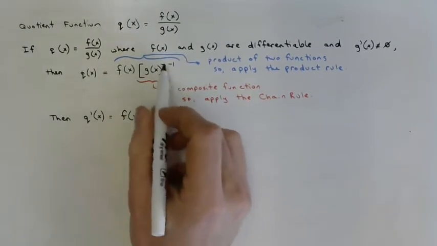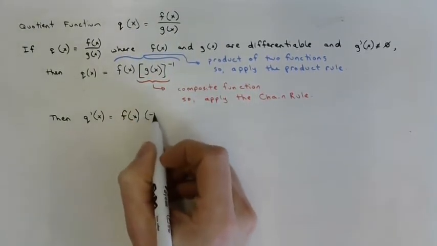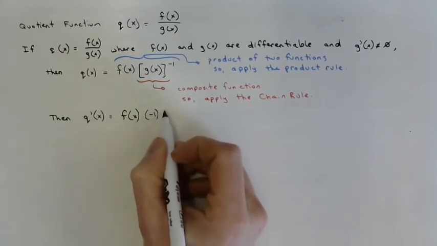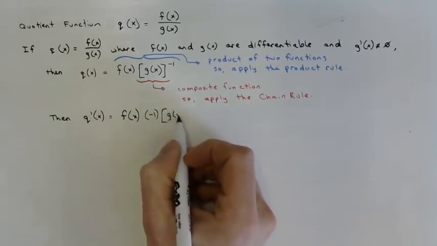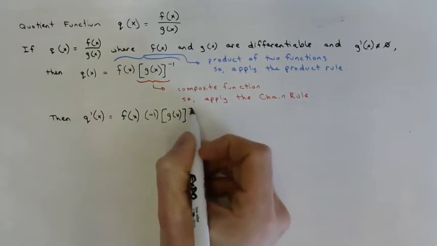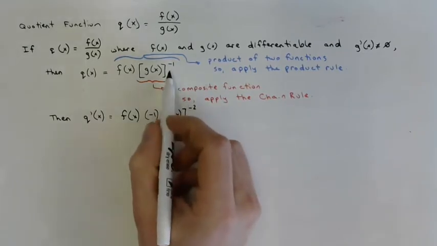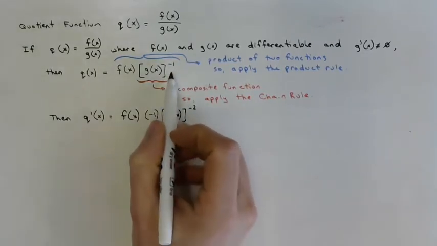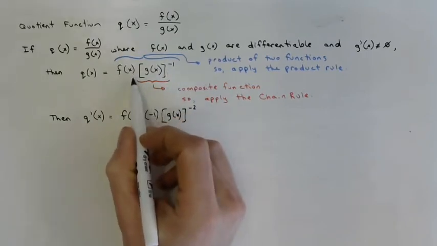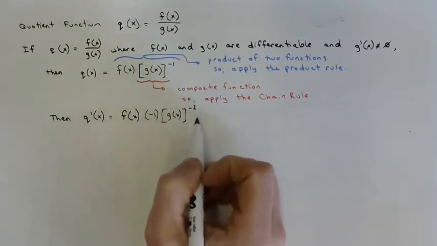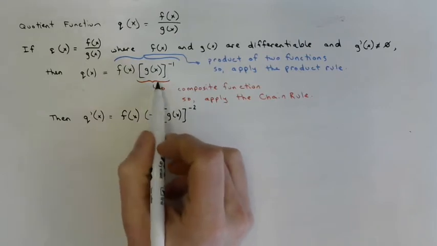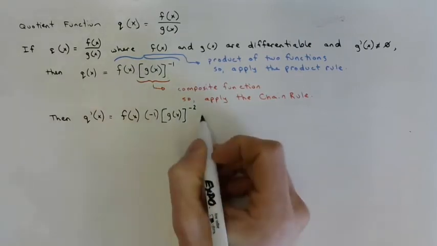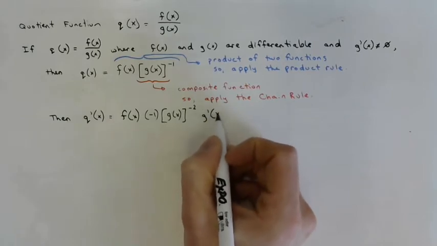Take the derivative of the outer function with respect to the inner function, which drops our exponent to -2. So now what we've done is we've taken that exponent, put it out in front, and dropped the exponent by 1. So we've taken the derivative of the outer function with respect to the inner function, and we're going to multiply it by the derivative of the inner function.